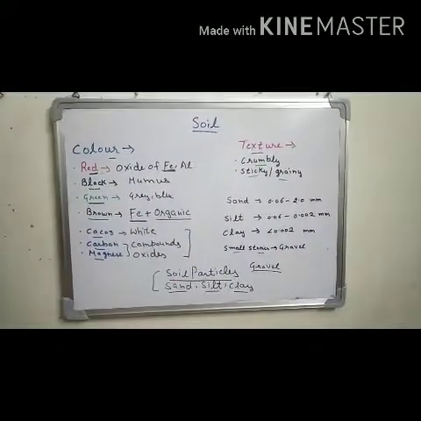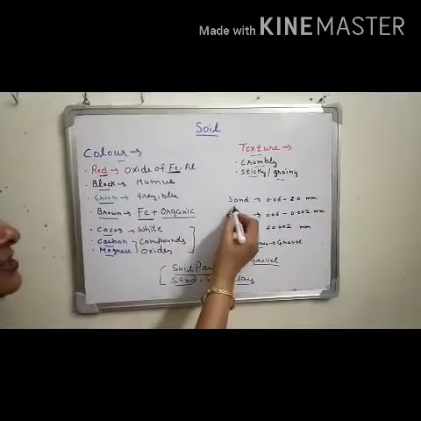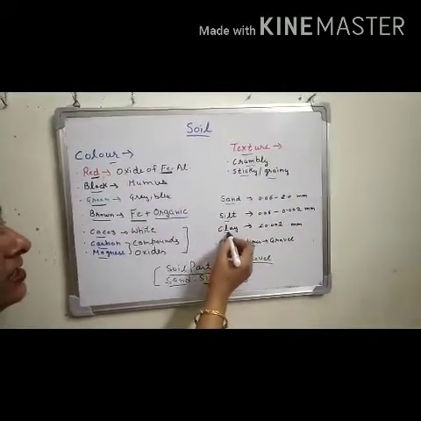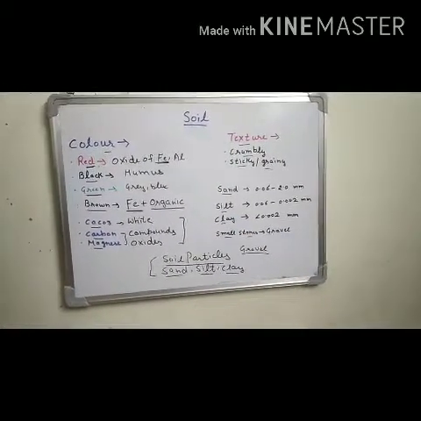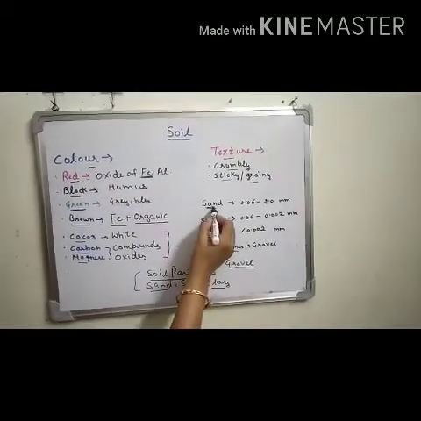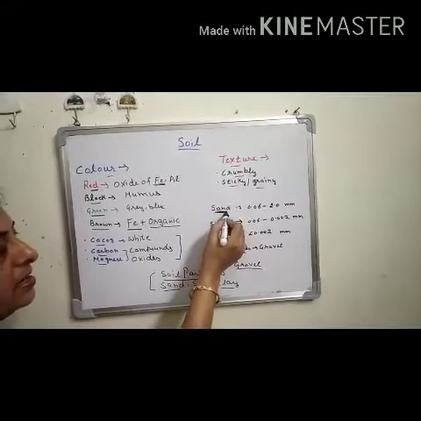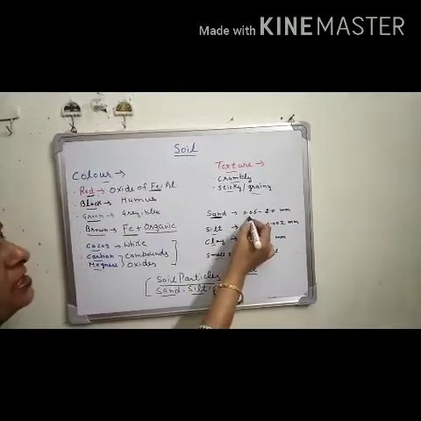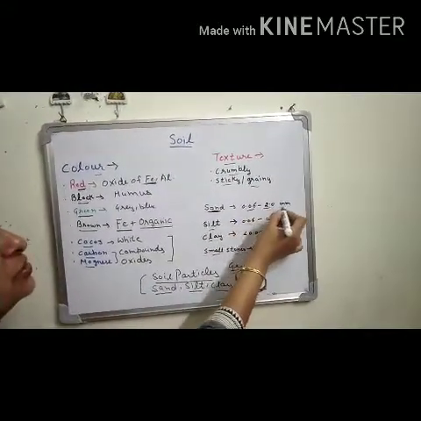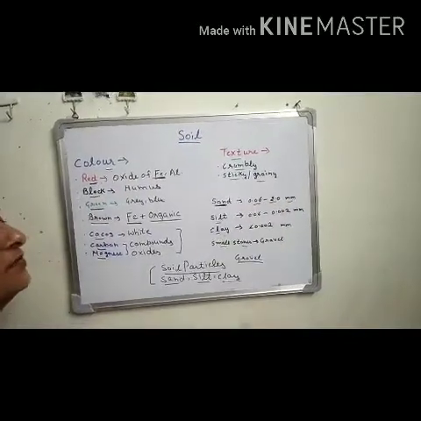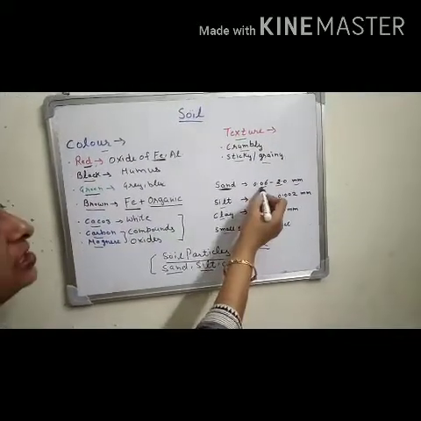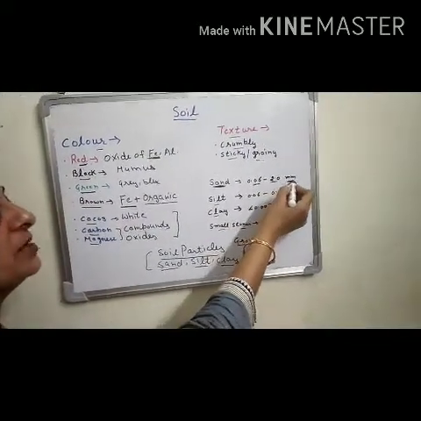The sand, silt and clay particles differ in size. The diameter of sand particles is between 0.06 and 2 millimeters.